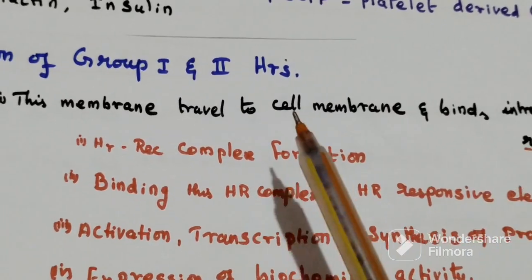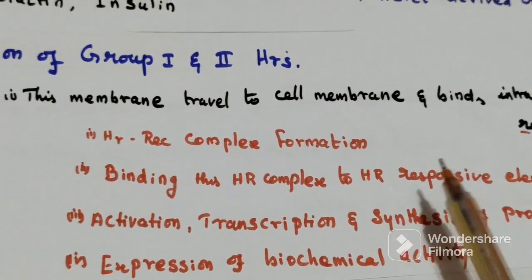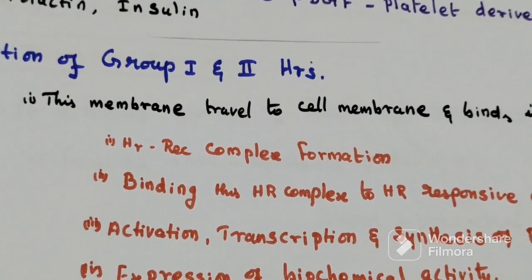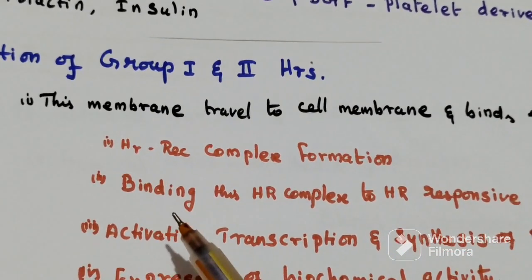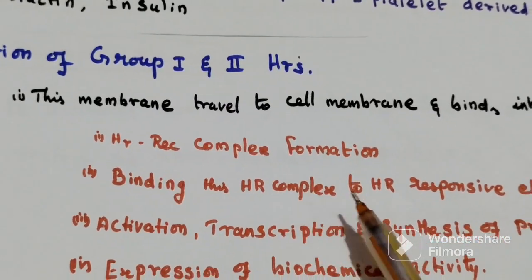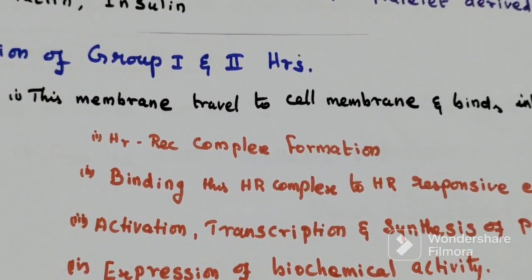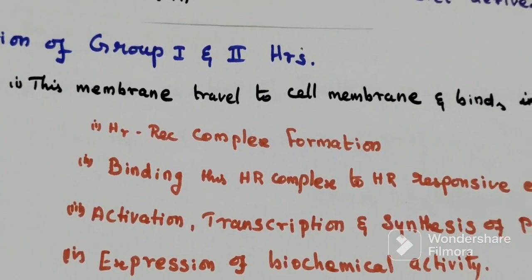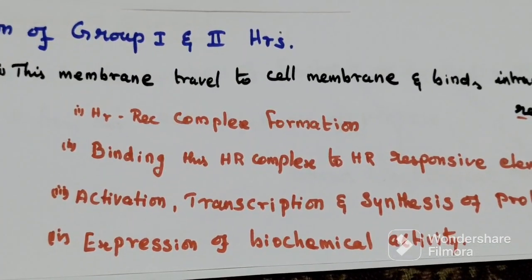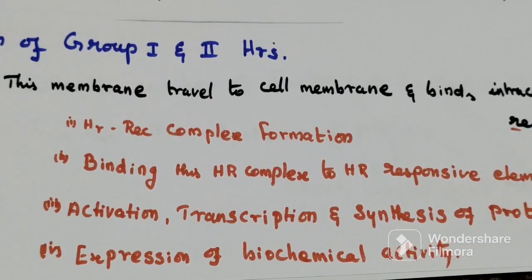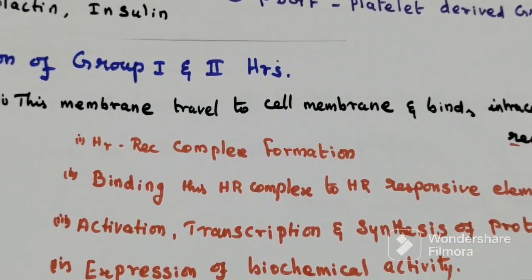First, hormone receptor complex formation, then binding of this hormone receptor complex to the hormone responsive element, then activation of transcription and synthesis of protein, then expression and biochemical response. These are the events in the mechanism of action of group 1 hormones.